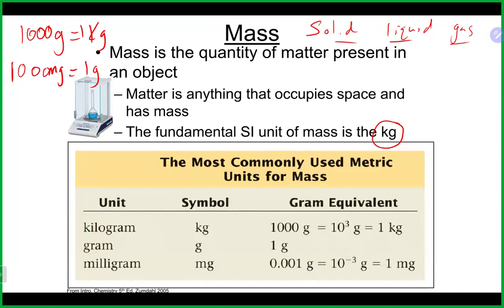So I would say definitely in chemistry, in terms of units associated with masses, grams especially get used a lot. Kilograms and milligrams are very, very common mass units.